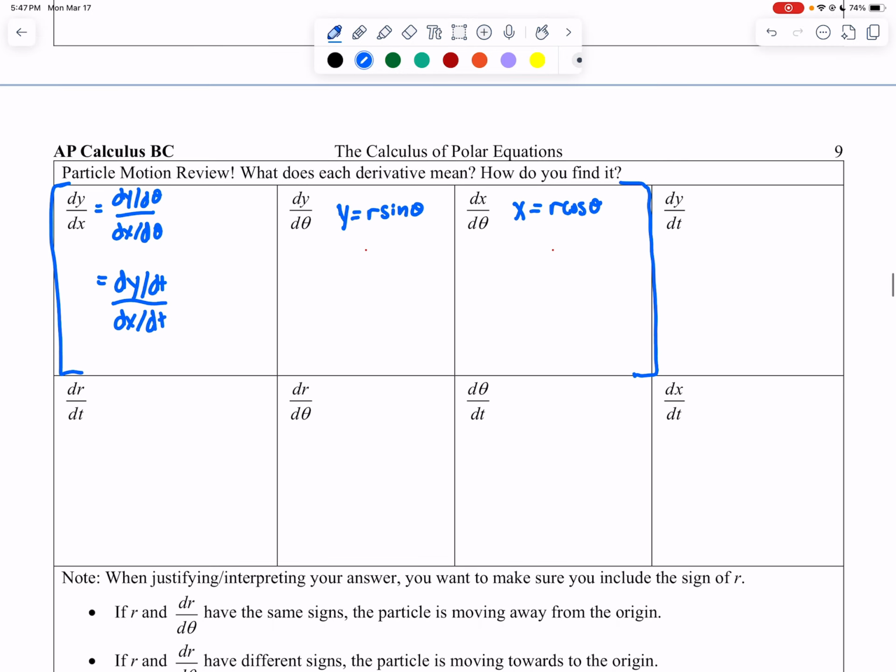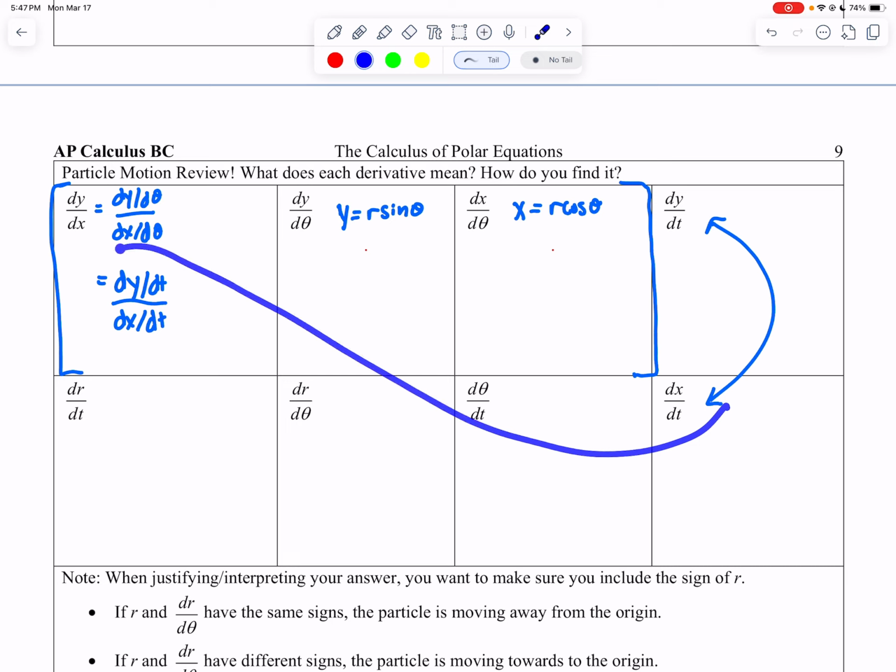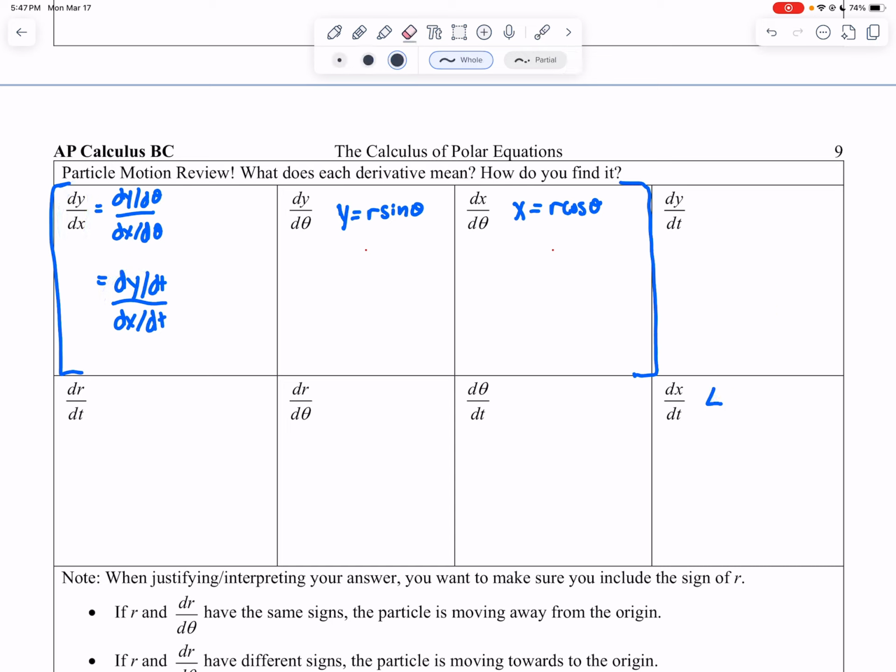Now, for dy/dt and dx/dt, what you want to look at here is this lovely thing right here, knowing that dy/dx is equal to this, and just manipulate it so that you get dy/dt or dx/dt.